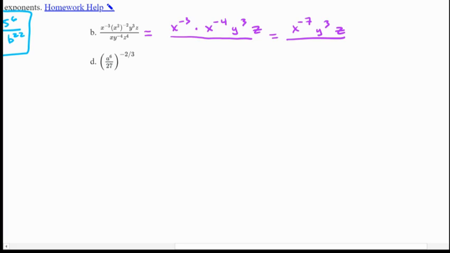And the denominator here looks like I can't actually multiply anything, so it's just going to be x in the bottom, y to the power of negative 4, z to the power of 4.